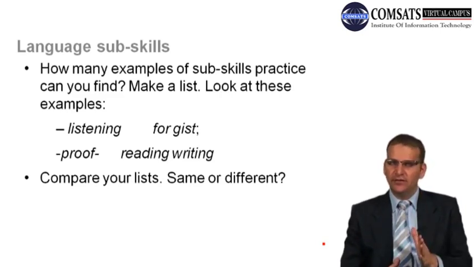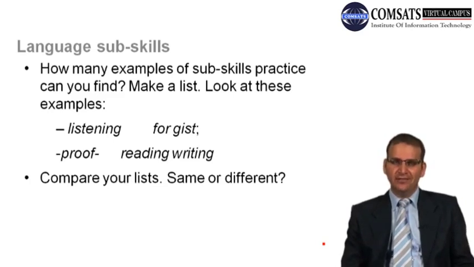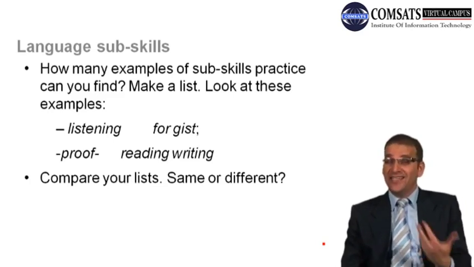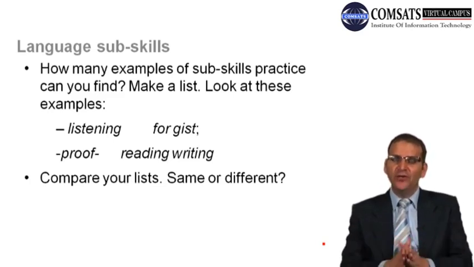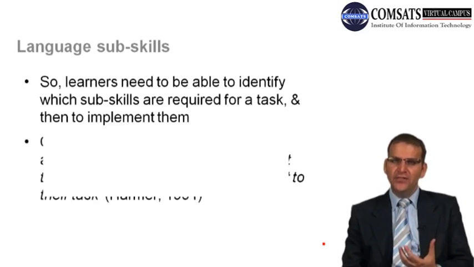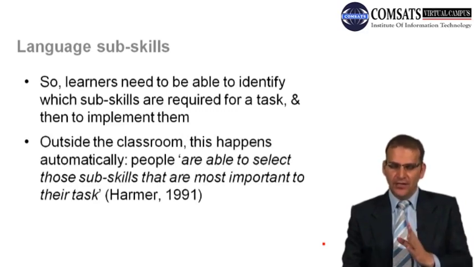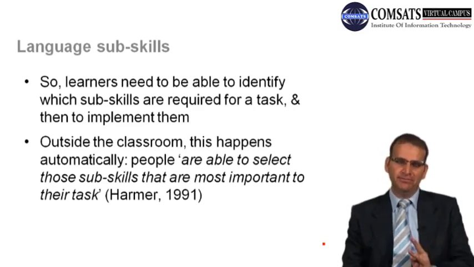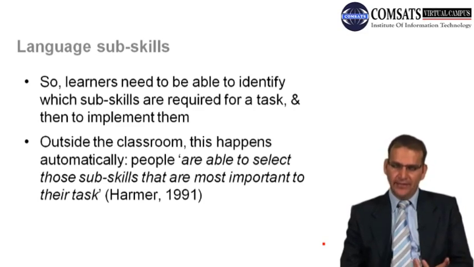Every learner, when you listen, why do you listen? Maybe for information, for gist, for understanding, for questions, for knowledge. Clear? So definitely when you compare your sub-skills, you would have different answers. I hope you understand. Learners need to be able to identify which sub-skills are required for a task and then to implement them. Clear? Outside the classroom, this happens automatically.